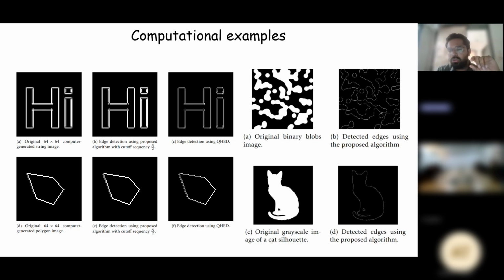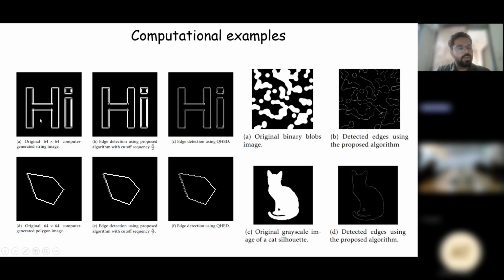The reason to do this is to get a numerical comparison between our algorithm and the QHED algorithm. You would require some numerical value, and the best way to do it is by generating an edge image which already contains the edges of an image. So we can use that as a base for our SSIM scores, and we have done it for several images.